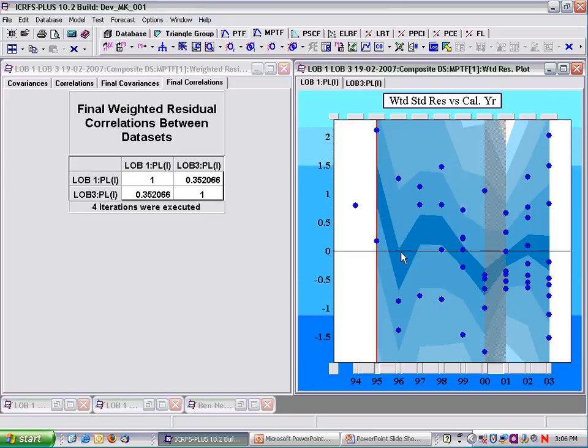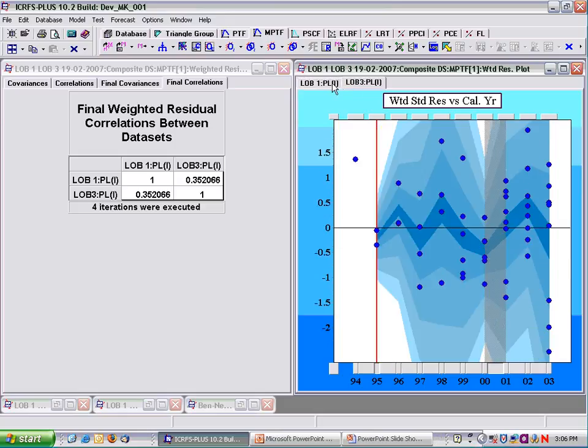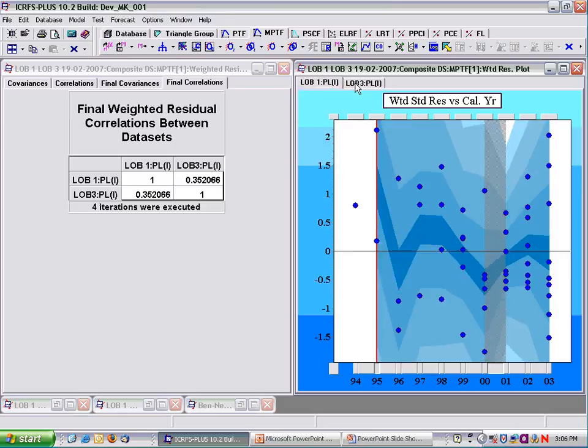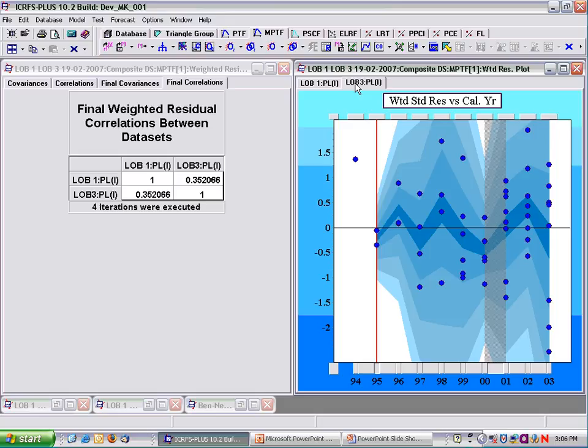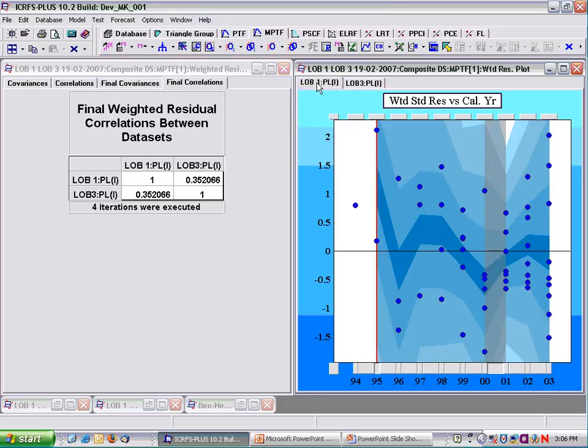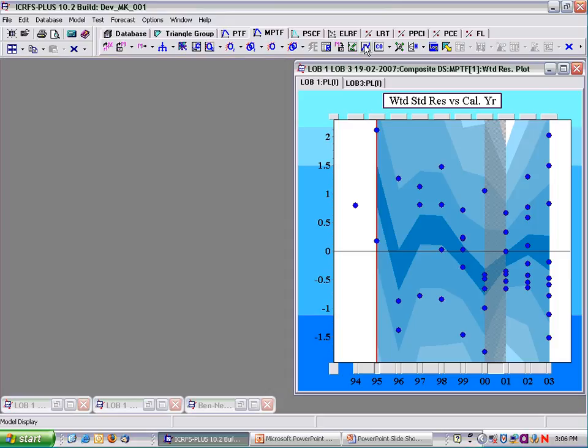If I look at this residual graph for LOB1 and compare it with LOB3, and export the residuals by accident year and development year as one column into Excel and calculate the correlation, it is 0.352. And that correlation was actually used to estimate the parameters in each of the models.